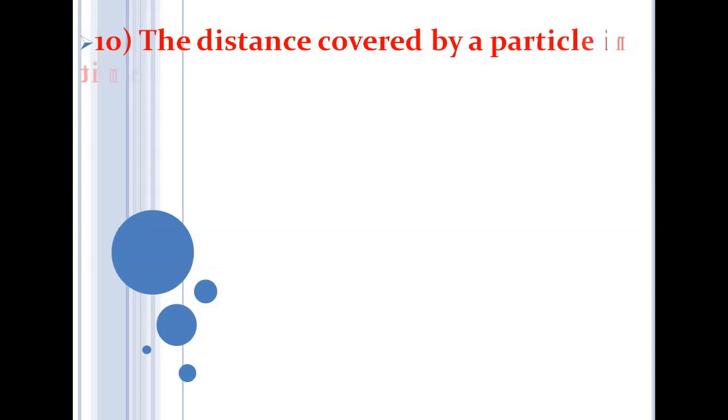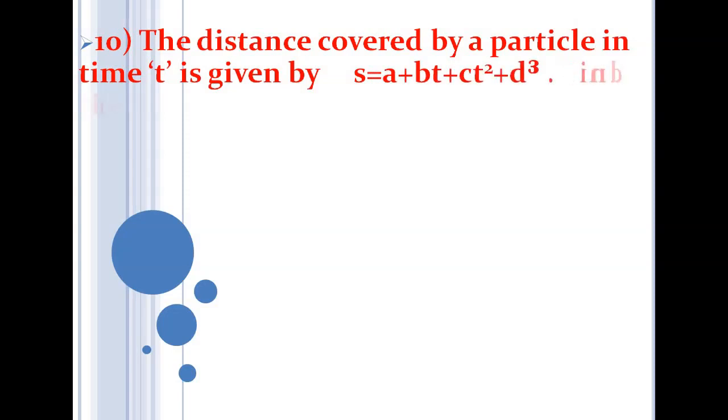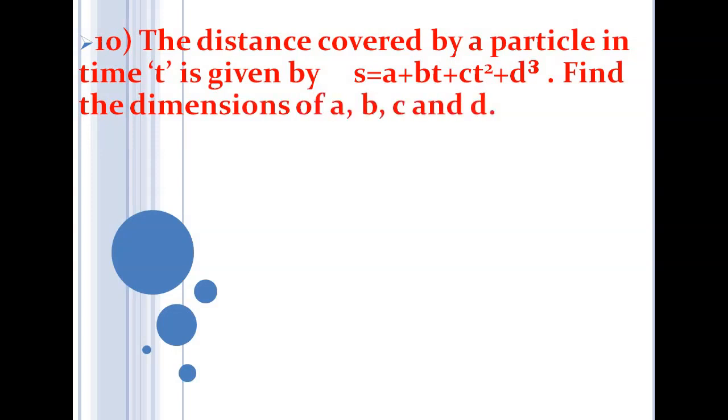The distance covered by a particle in time t is given by the relation s equals a plus bt plus ct square plus dt cube. Find the dimensions of a, b, c and d. The most important point is that two or more terms can be added only if they have identical dimensions.